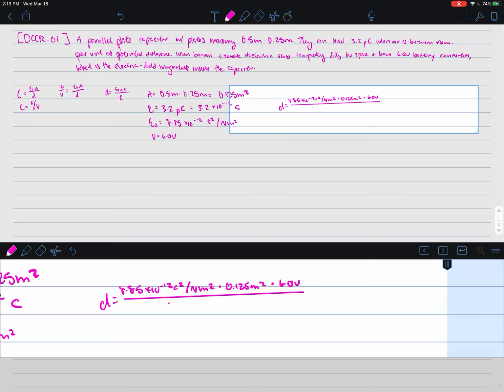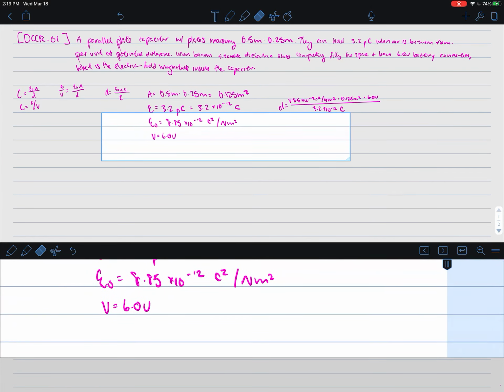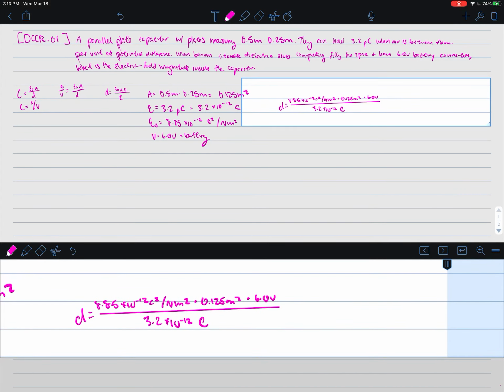And then we're left with Q, and then we know Q is 3.2 times 10 to the negative 12 coulombs. Actually, I made a mistake. I jumped ahead of myself. So the battery voltage here is this, but this is actually going to be 1 volt, I believe.